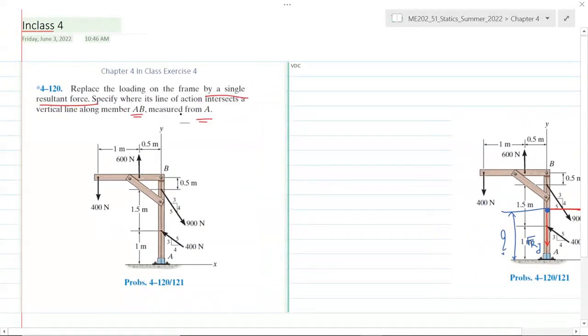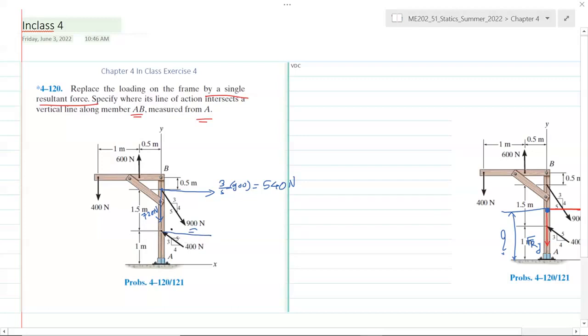Now, the first step is we need to make sure that we resolve all the forces into horizontal and vertical components to simplify our calculation. So this 900 can be reduced to 3 by 5th of 900, which is 540 newtons horizontal component, and the vertical component will be 4 by 5th of 900, so that is 720 newtons.